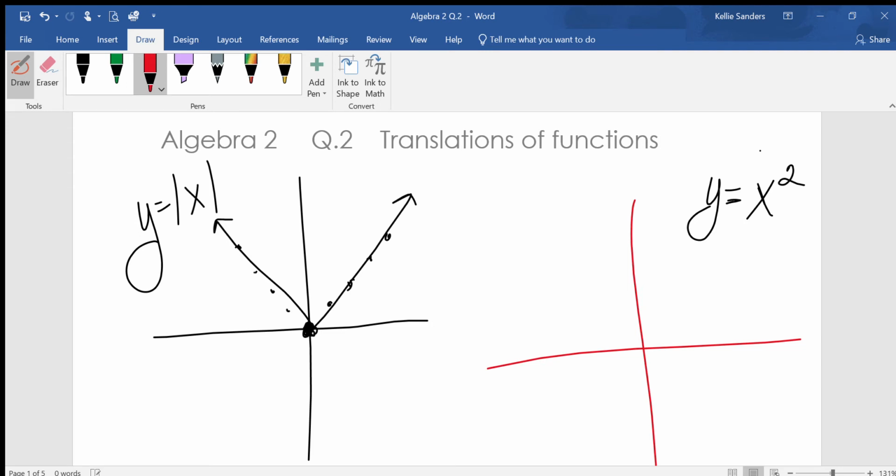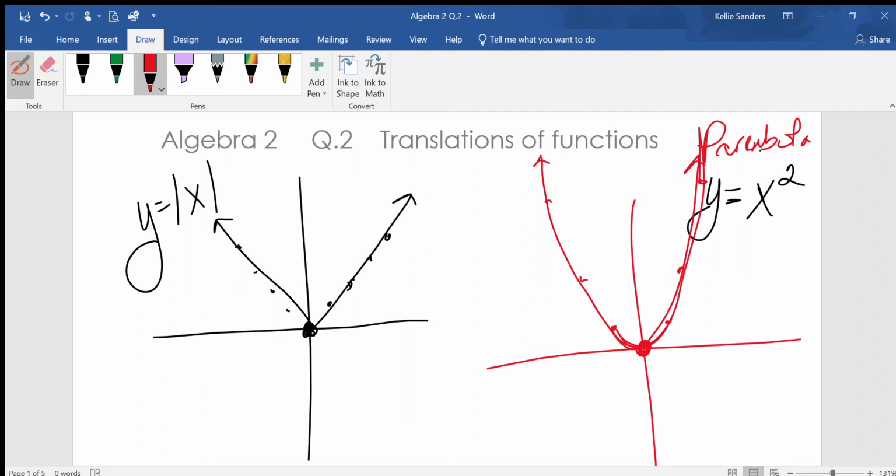If I asked you to graph x squared, it's called a parabola. You don't need to know that right now, but eventually in other units you will. If I just asked you to graph x squared with no negatives, no numbers, just x squared, that's the parent graph, and the parent graph starts at 0, 0, and it goes up 1 and over 1, and then up 1 and 3, and then up 1 and 9, and it is U-shaped, okay?